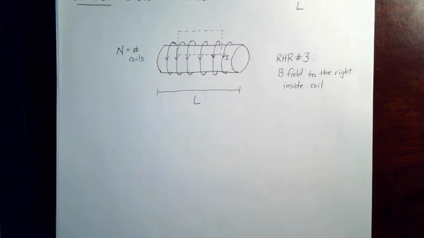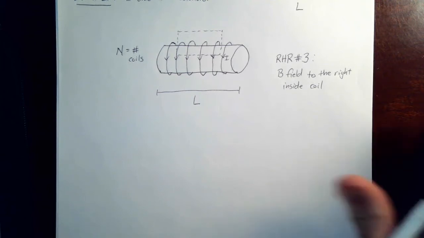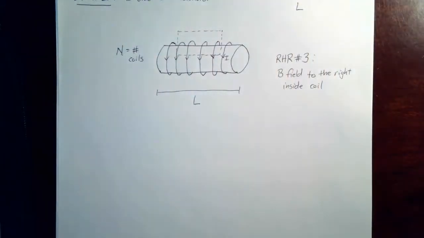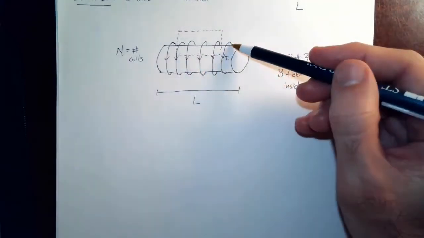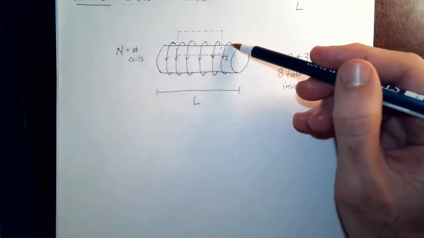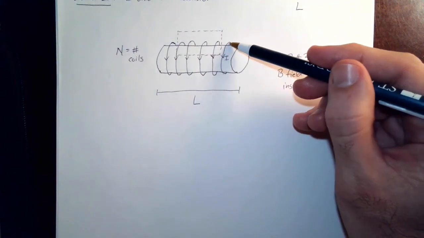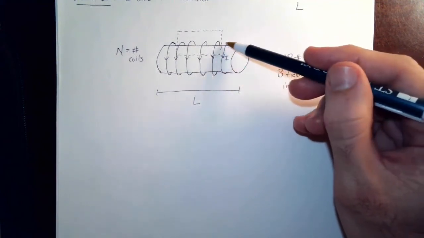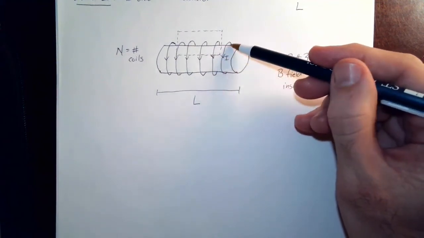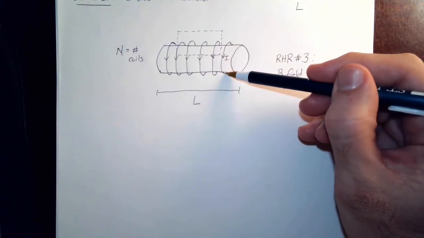I'm going to now do a 2D drawing. I'm going to imagine I'm taking a cutaway view where I'm slicing this coil along the page, along the paper. And so when the current is either coming out or going into the paper, it's coming out up here, going in down here. So that's how I'm going to draw it.